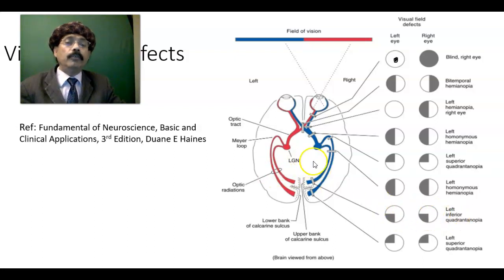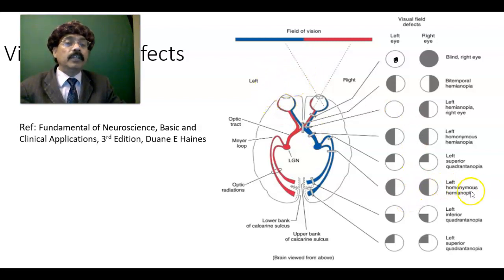Okay, we have to remember that this right side is associated with the lesion of the left side. So left field of vision. Right optic radiation, like optic tract. So these are right, but we have the field defect on the left side.